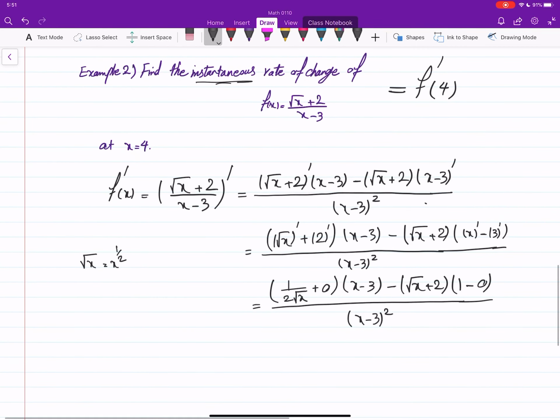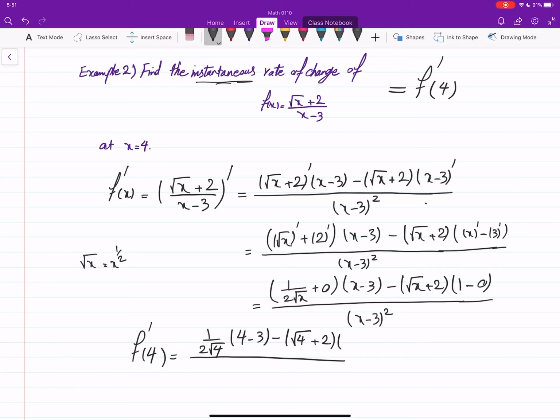Now you plug in: f prime at 4 is equal to 1 over 2 root 4, and the 0 is nothing there, times 4 minus 3, minus root 4 plus 2 times 1, over 4 minus 3 squared.